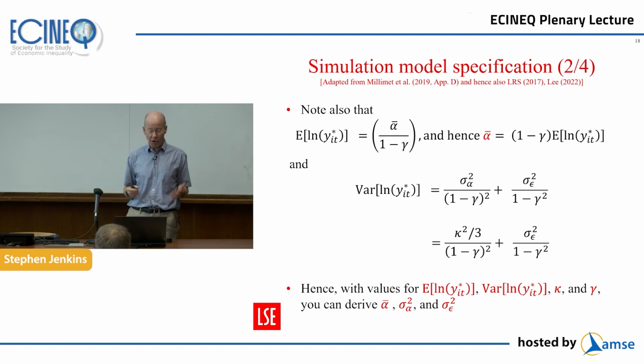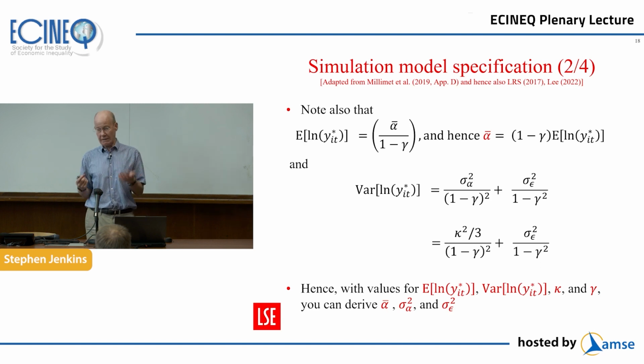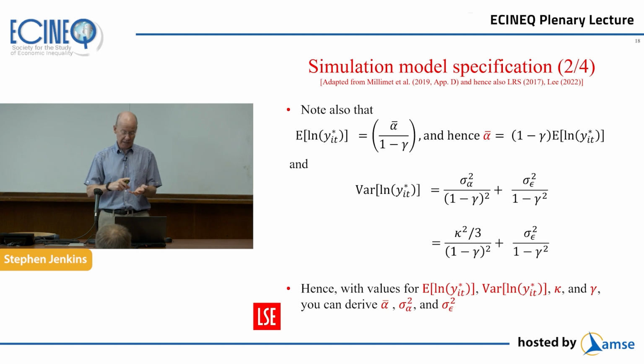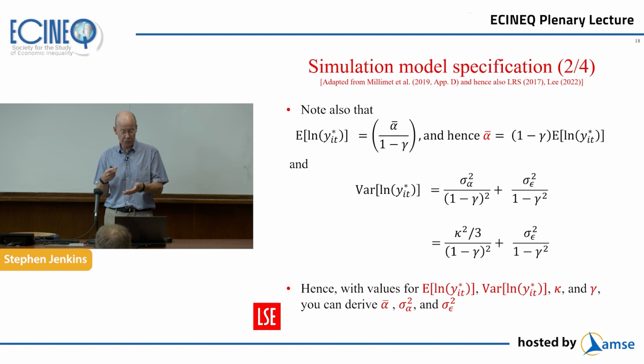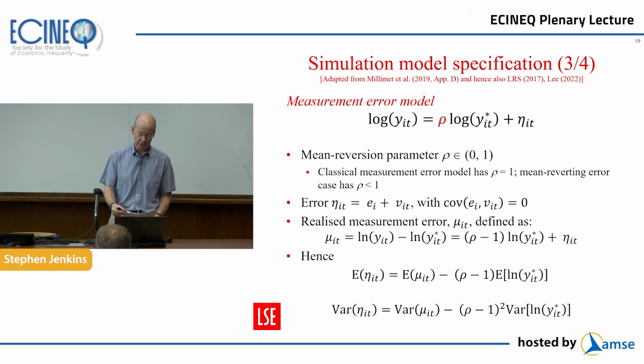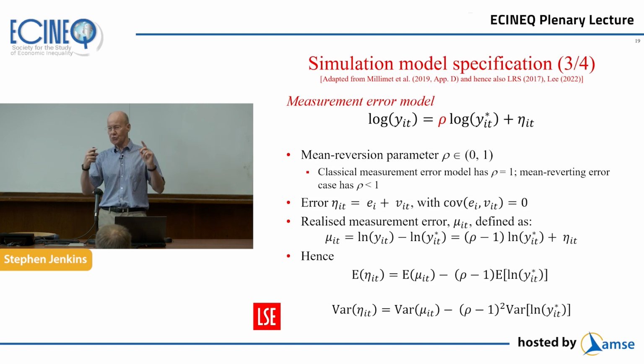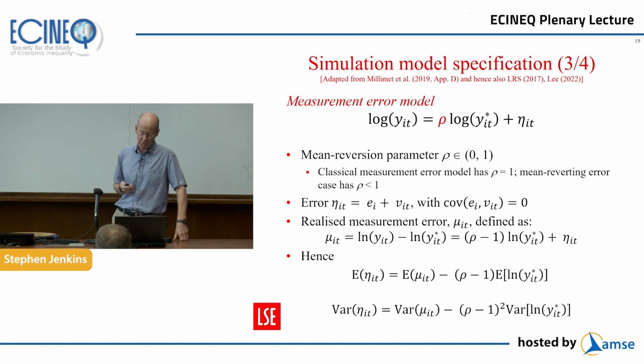As it says at the bottom, if you've got some values for the mean and the variance, and these parameters summarizing the rest of the process, you can derive other stuff. So your modeling assumptions reduce the number of assumptions you have to make in the calibration, very much like the structural models we had from Raquel Fernandez the other day. Model plus calibration is what we're doing here.